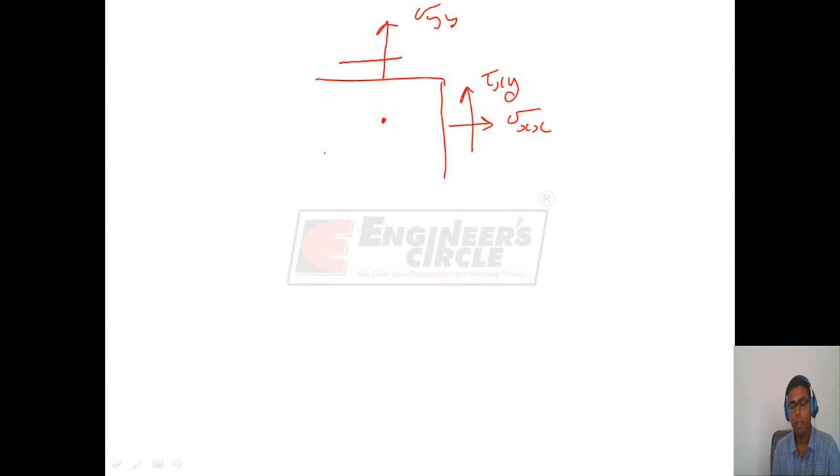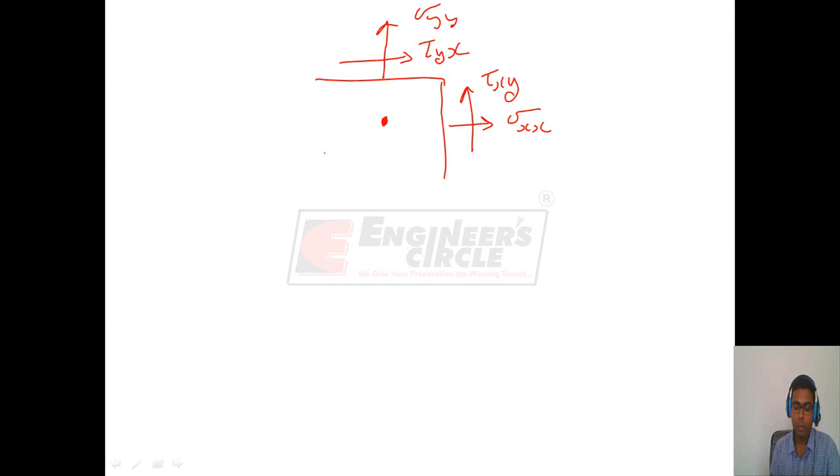We have learned that at this point A, if the stresses on vertical plane sigma xx and tau xy and stresses on horizontal plane sigma yy and tau yx are given, then we can find the value of normal stresses at this point. The planes on which the maximum and minimum normal stresses act are called principal planes, and principal planes are perpendicular to each other.